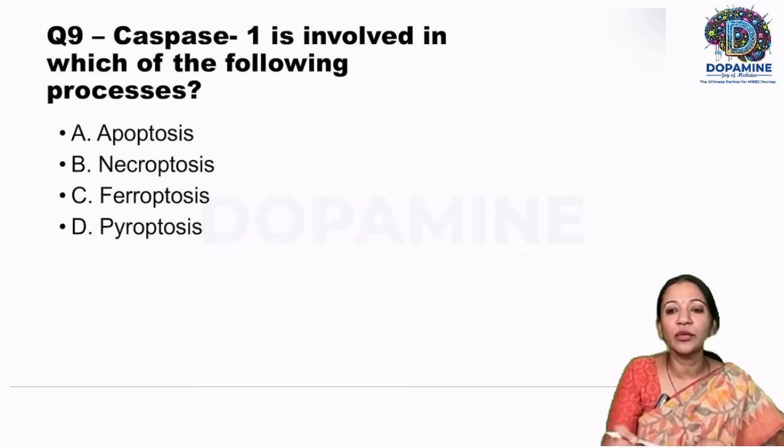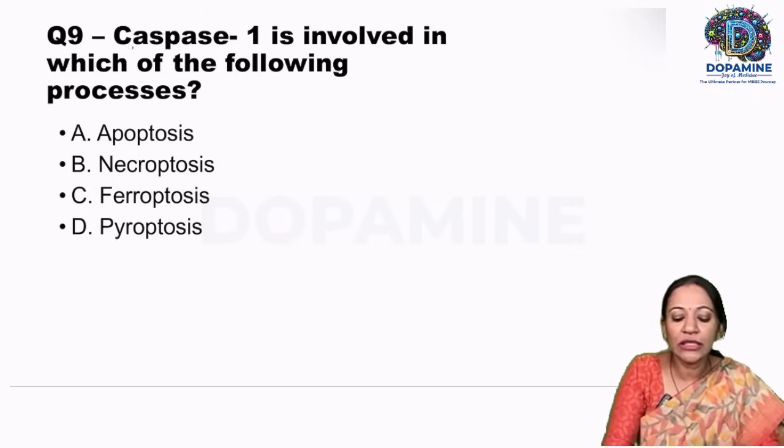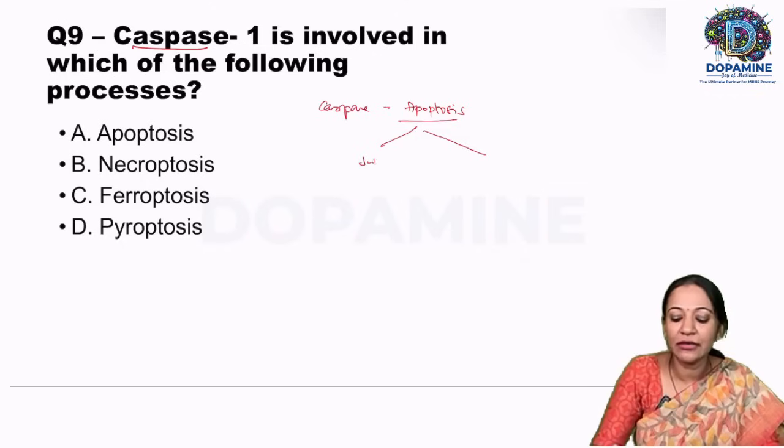Caspase 1 is involved in which of the following processes? Apoptosis, necroptosis, ferroptosis, pyroptosis. So we know that caspases are involved in apoptosis, isn't it? So caspases means apoptosis. In apoptosis, we know there are two pathways. One is the intrinsic pathway, which is actually the mitochondrial pathway. We have the extrinsic pathway, which is the death receptor associated pathway.